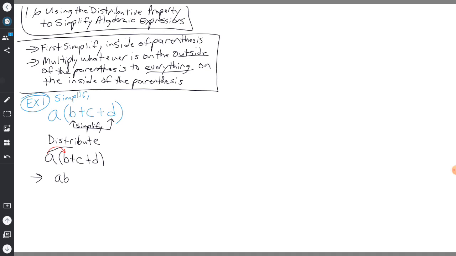We have to do it to everything on the inside. So we have to go to C now. It's a plus C. So A times C gives us plus AC.